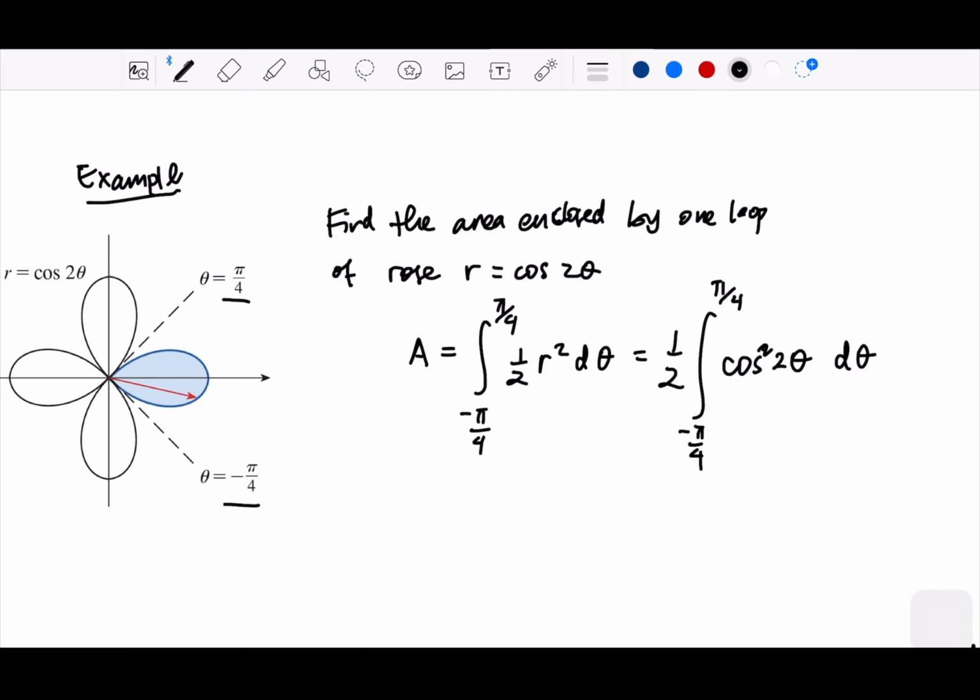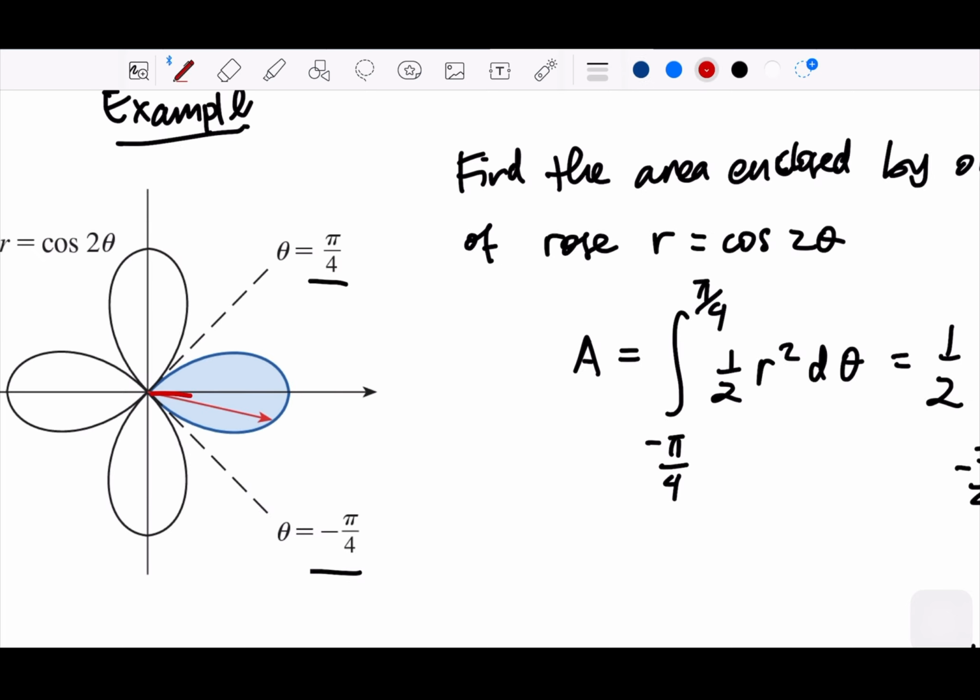You can solve this as it is, or remember that this is symmetrical, right? So we could also think from 0 to pi over 4 and then multiply by 2. So we can take that symmetry.